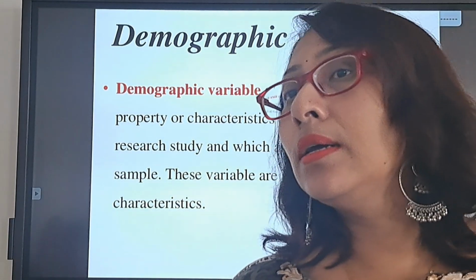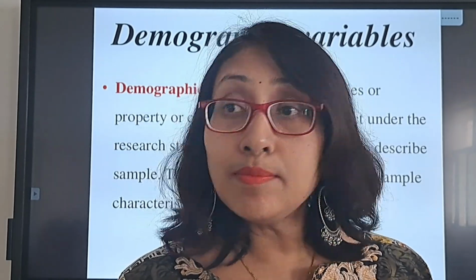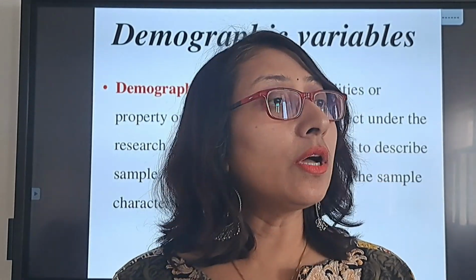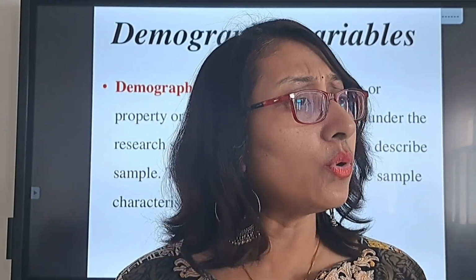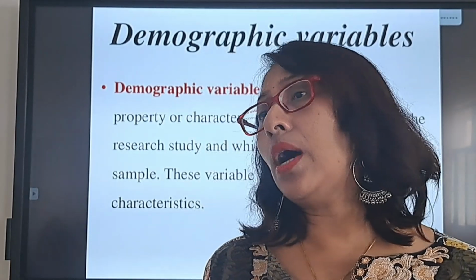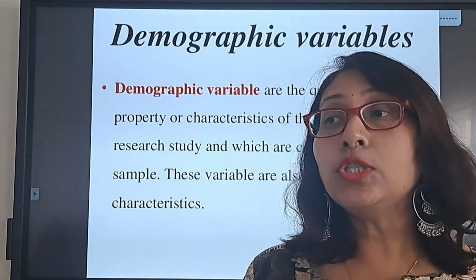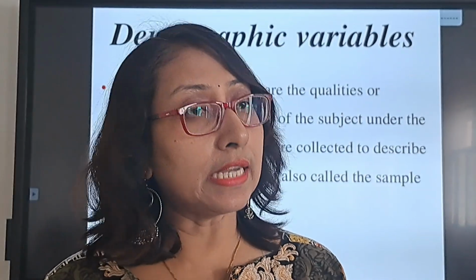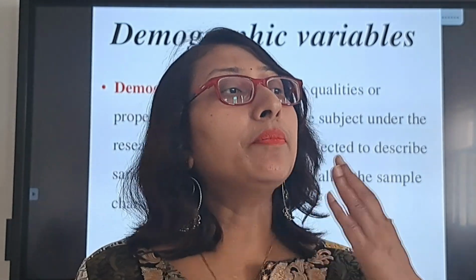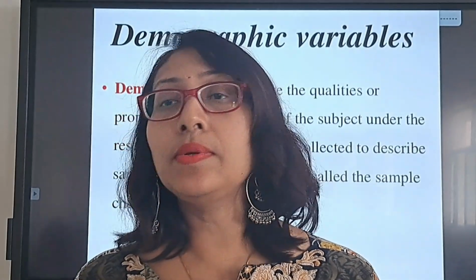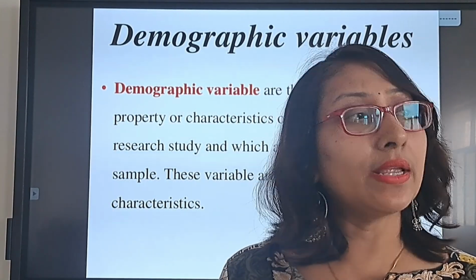So age, gender, socio-educational status, income, sources of information, there are many things, family background. These are all also attributes, properties or characteristics of the individual samples in your study, which again have an association with the pre-test scores as well as the post-test scores, and that is why you find out the chi-square value.